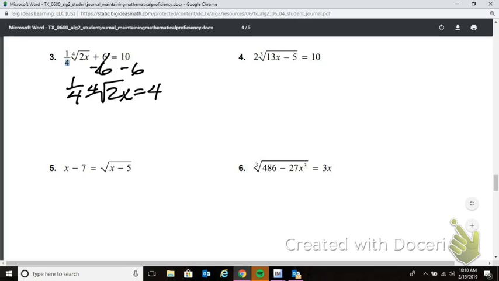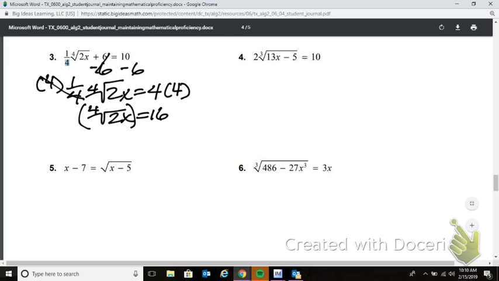To undo multiplying by a 4th, we're going to divide by a 4th, which means multiplying by the reciprocal. So we'll multiply both sides by 4. Okay, so now we have the radical expression by itself.